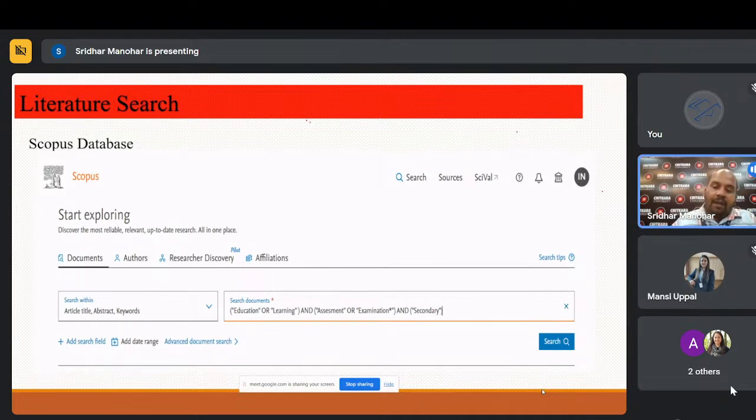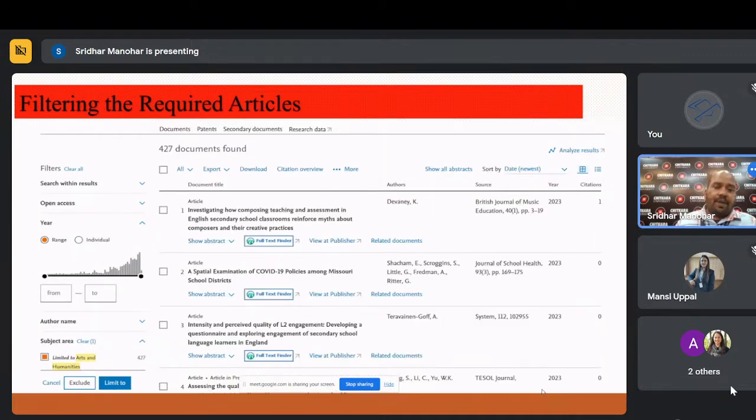When I search for this, in this example, we have got almost 427 documents, where you can see all these three terms appearing in each and every research paper.